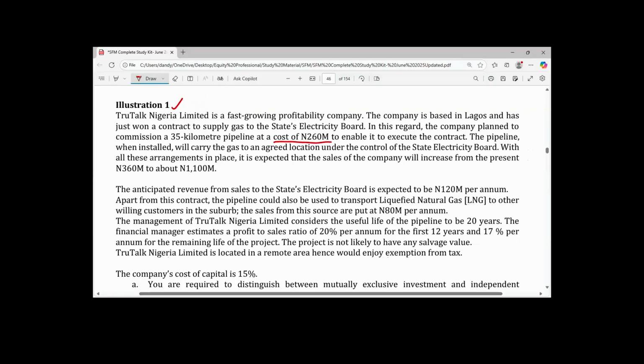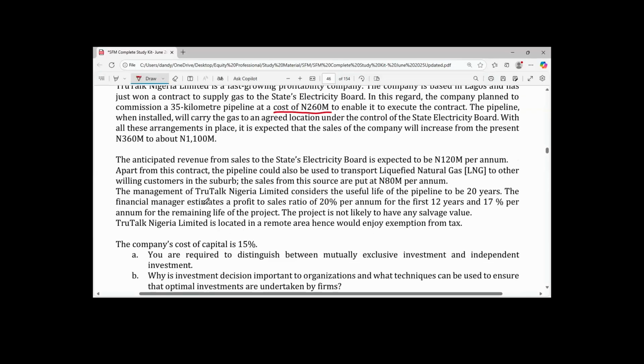The pipeline, when installed, will carry the gas to an agreed location under the control of the State Electricity Board. With all these arrangements in place, it is expected that the sales of the company will increase from the present 360 million naira to about 1.1 billion naira.